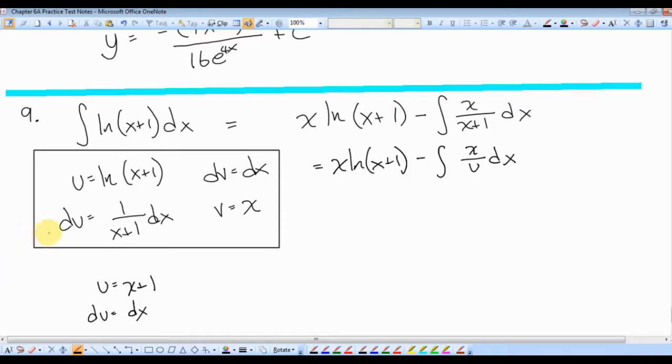We got problems? Oh yeah, this is a du, you're right. We got problems? Yes. There's an x and a u. Good. What we can do here is we could take this right here and transform that. By the way, x is also equal to u minus 1.